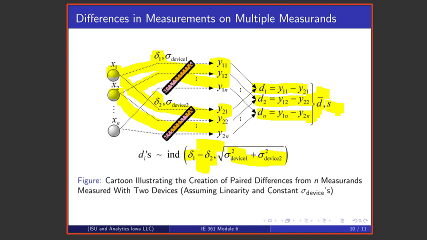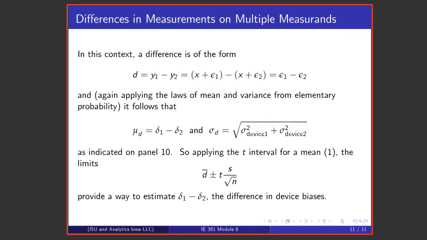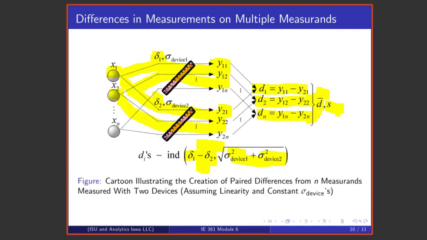quantities, and the t-interval allows us to get at that difference in device biases. And this slide lays that out and says apply the t-interval to differences, taking d bar plus or minus ts over root n. n is the number of measurands here.